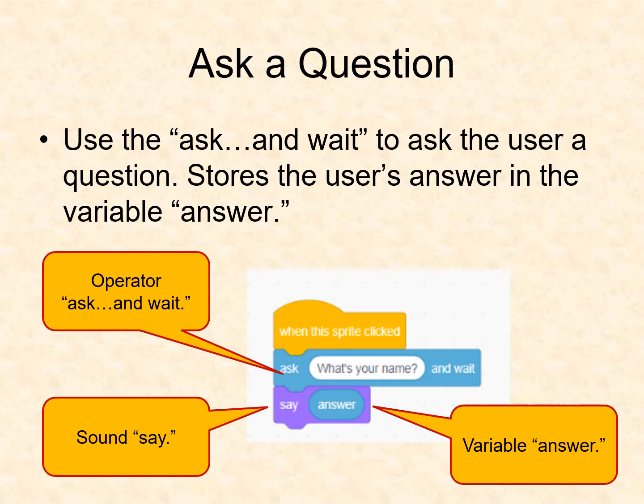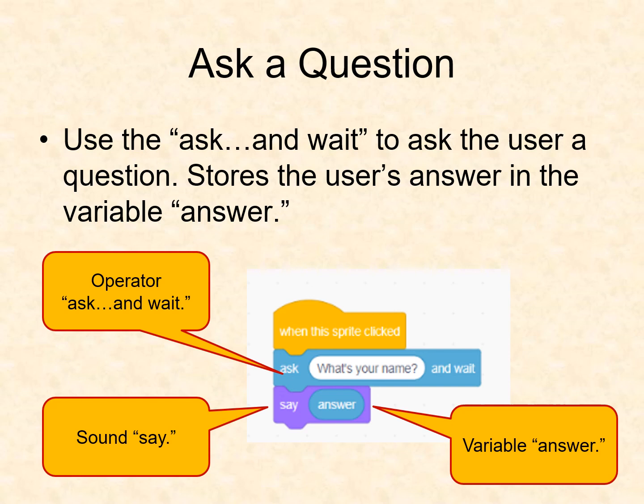So if we use a variable along with the coding block ask and wait, we can make our application interactive with the student users. Like in this case, saying when the sprite is clicked, ask, and then we'll type in what we want to ask them.